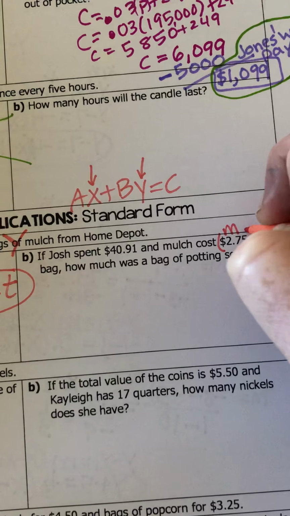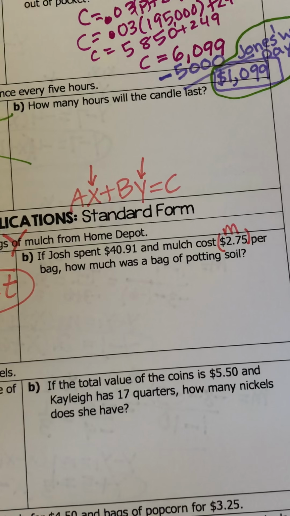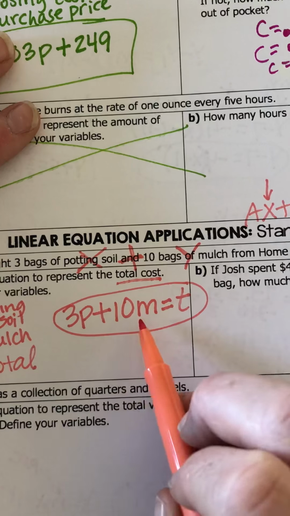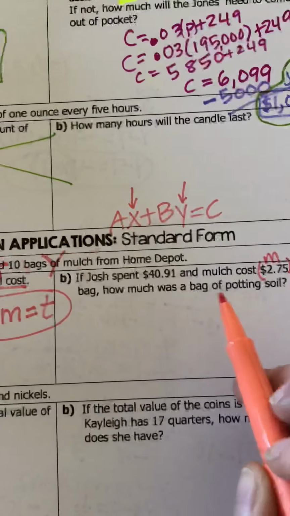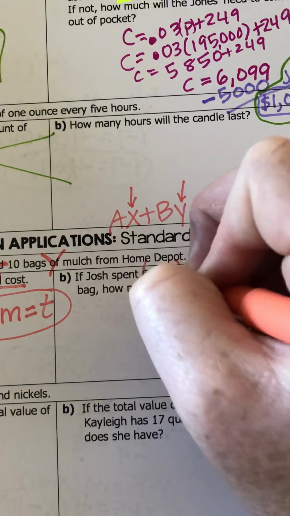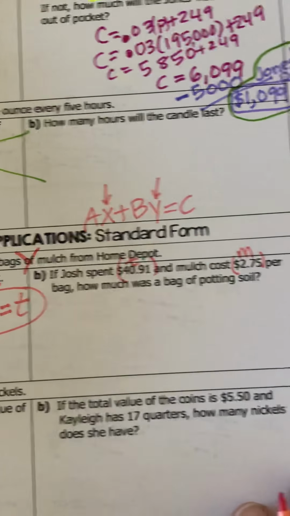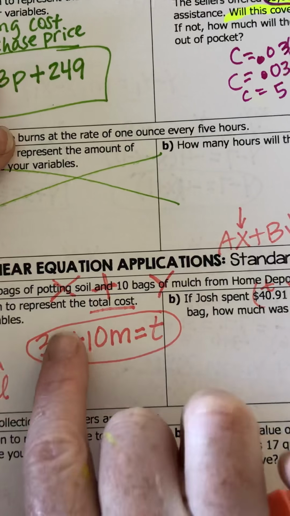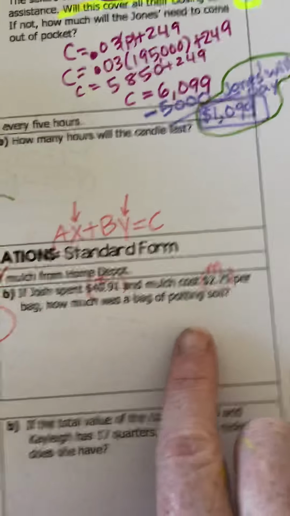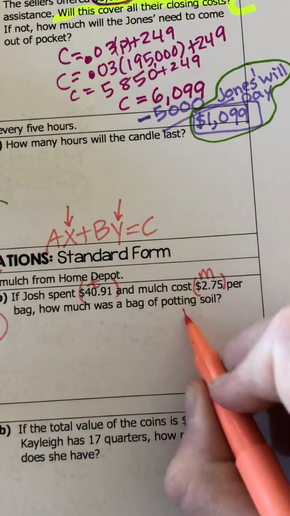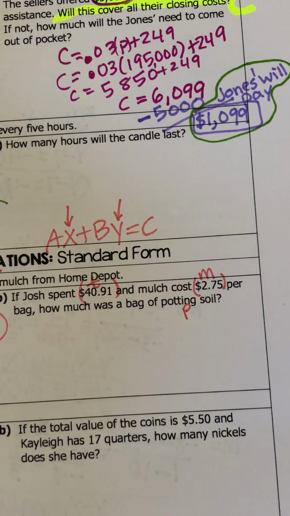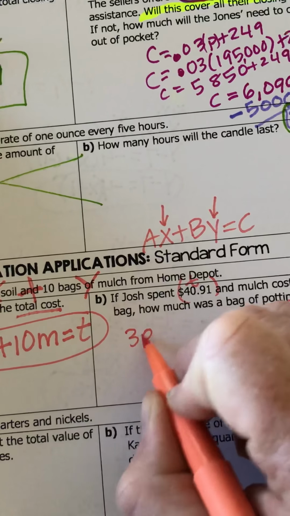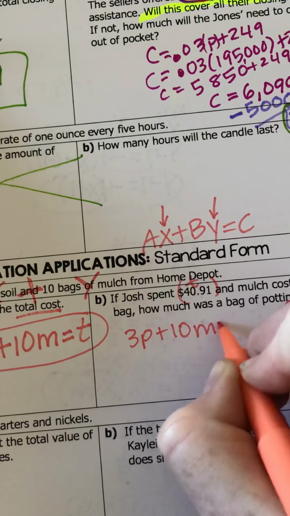That's going to go in for M. And $40.91, that's the total amount he spent. Here are your variables, P, M, and T. So we have an M, we have a T, we have an equation. We're going to solve it for P. That's the only variable left. And look, that matches our question. What is P? Potting soil. So 3P plus 10M equals T.